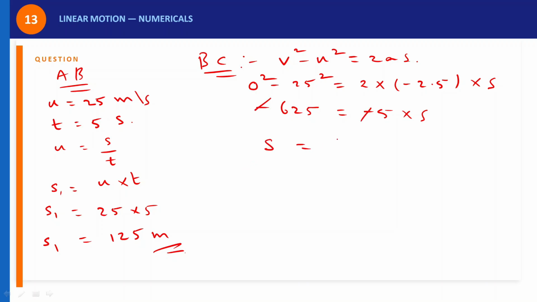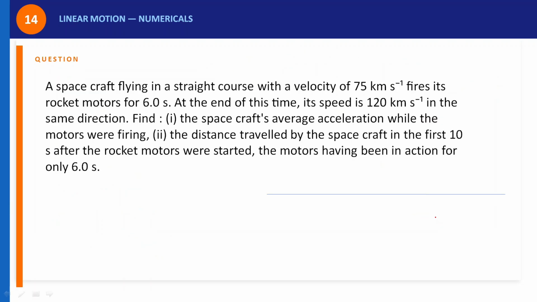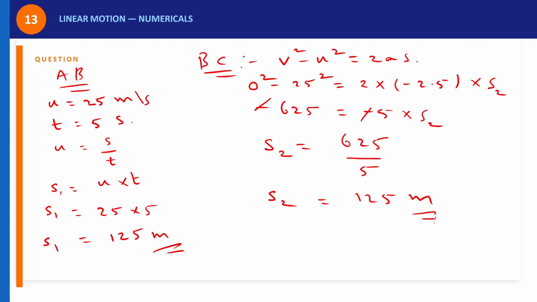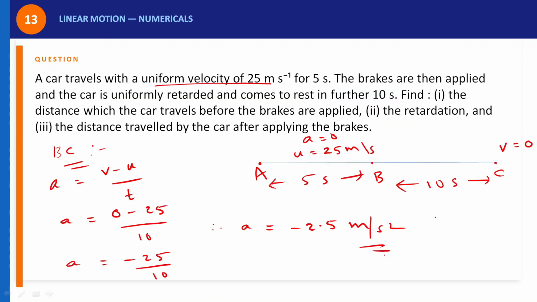Therefore, let us take this as s2. s2 equal to 625 by 5. s2 equal to 125 meters. B to C also 125 meters.